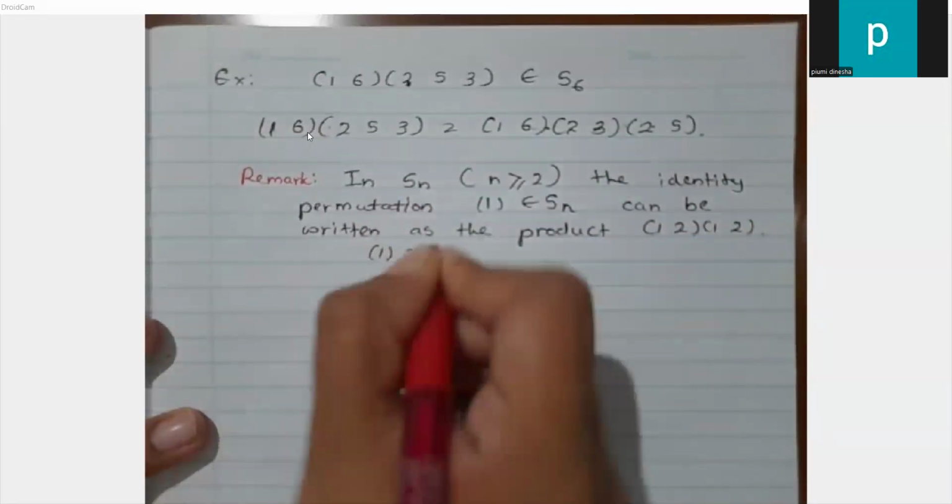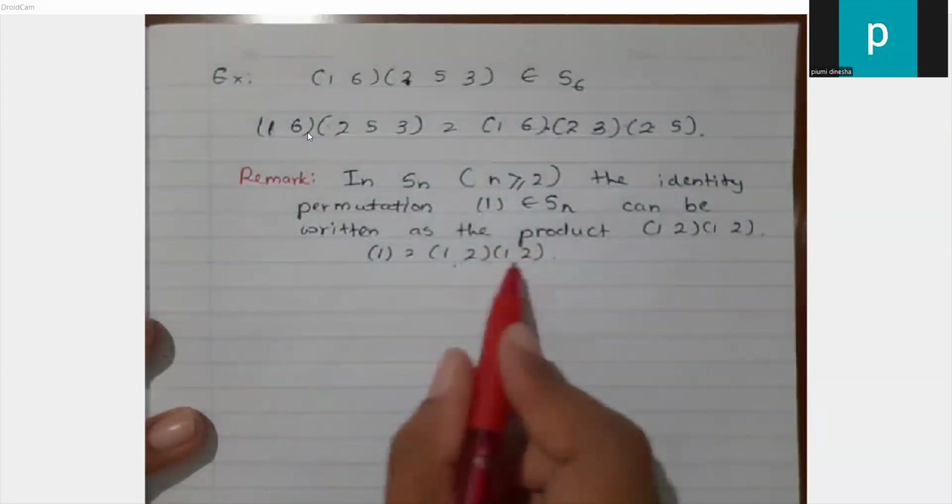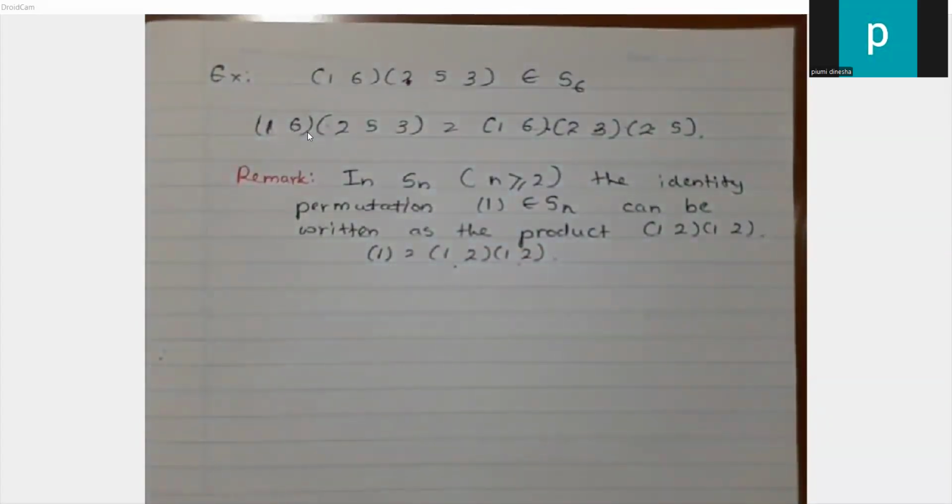That means this identity is equal to (1 2)(1 2). Why is that? And it's a product of transpositions, right?